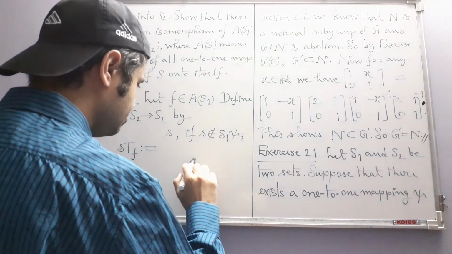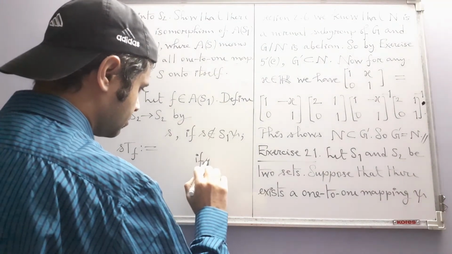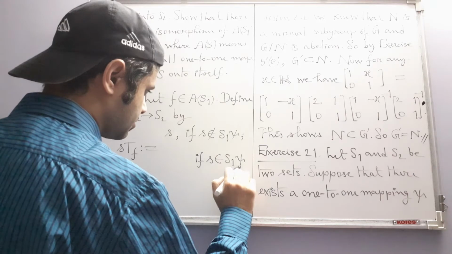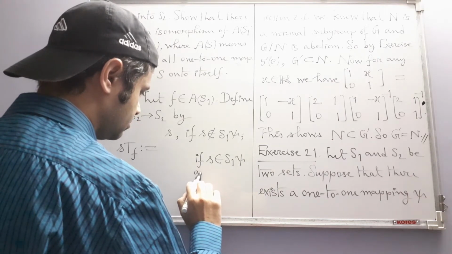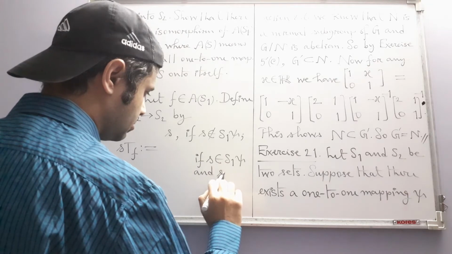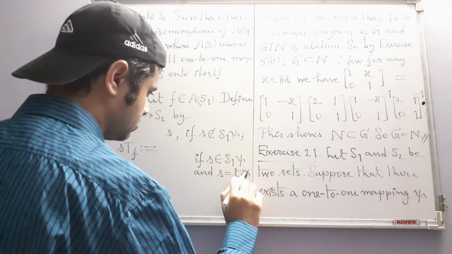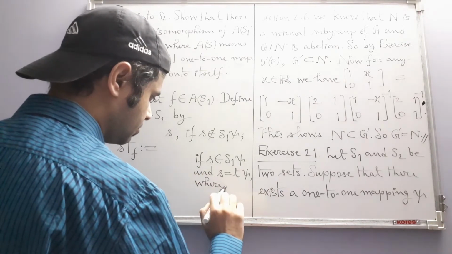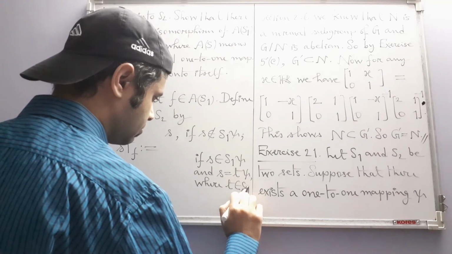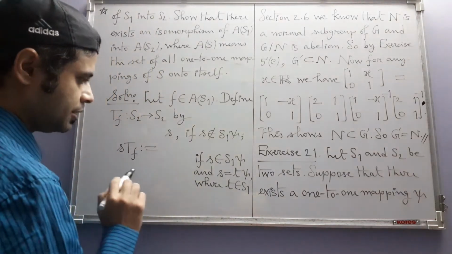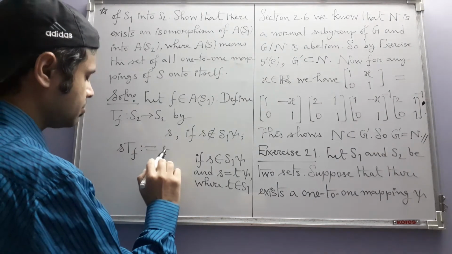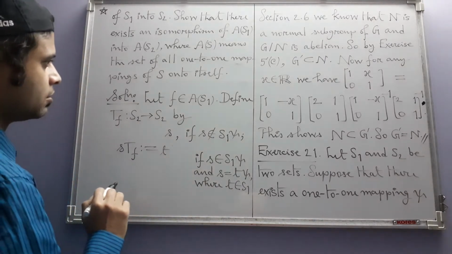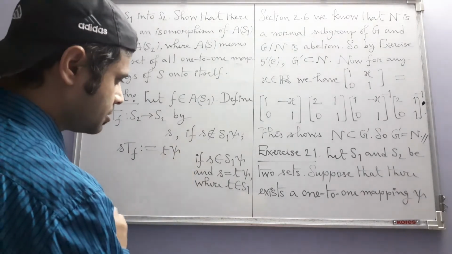And if S belongs to S1 psi and S is equal to t psi, where t belongs to S1, then we define the map to be this.